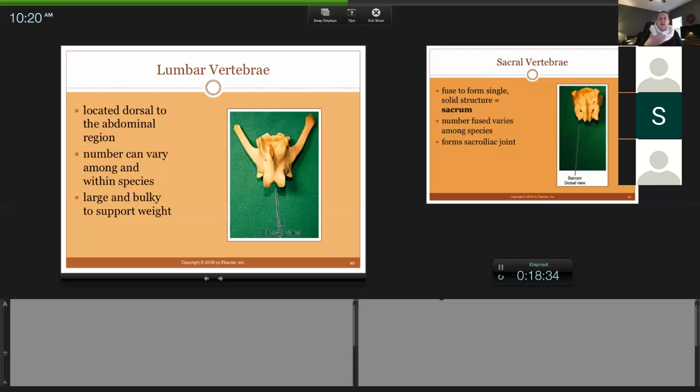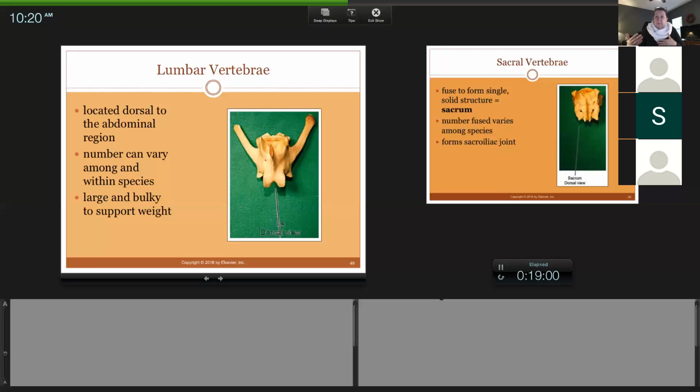But if I ask you, why are the lumbar vertebrae so large? Why are the transverse processes so large? They're basically attached to your back muscles and they support your abdomen. The lumbar vertebrae have to be very strong because your thoracic vertebrae hold the ribs, but your lungs are airy and the heart doesn't weigh a lot.